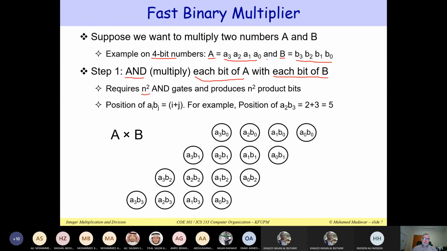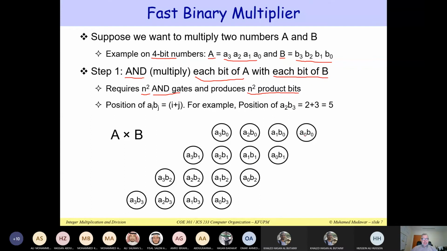So if you have n bits by n bits, you need n squared AND gates to get the n squared product bits. Each one of these bits is a product bit. I have 16 in this example.